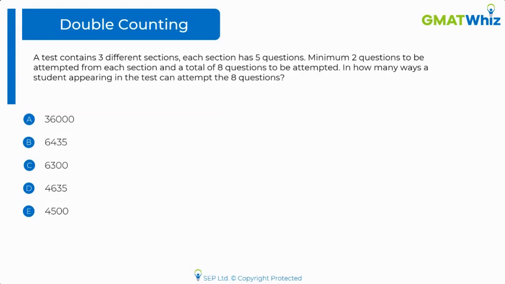For example, there were three people ABC and we selected two out of them one by one. We selected one person first in three ways, we selected a second person in two ways, but in that case we were in a way doing an arrangement, so we had to divide by two.